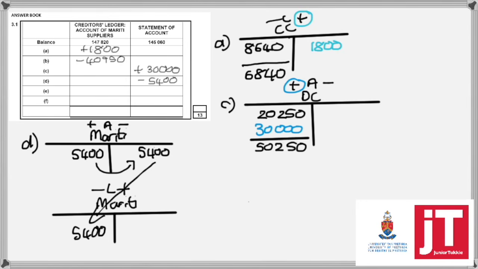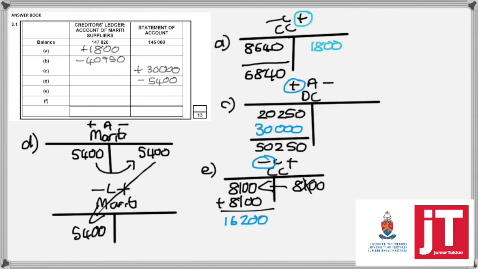So again, if you're not sure, take that extra 10-20 seconds, open up a T account. We made the mistake, we incorrectly credited it, so to take it out, we need to debit it, but then we still need to show the transaction, so we are going to add 16,200 to the debit side.